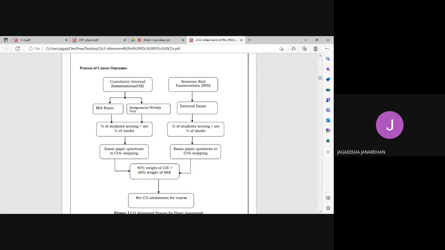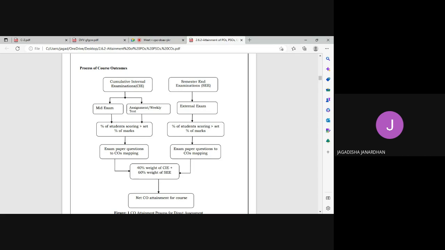Like that, we need to compare the total percentage of students, how many of them are crossing the benchmarks. That can be considered as one portion. Another portion is the semester end examination. Here also, if they are writing the final semester end examination for 60 marks, in NEP they will be allotted the 60 marks.